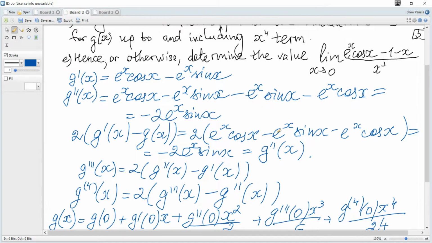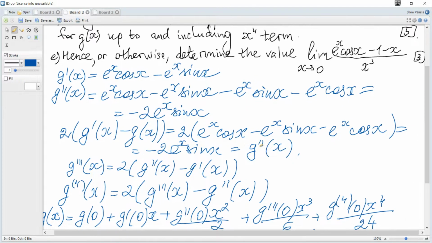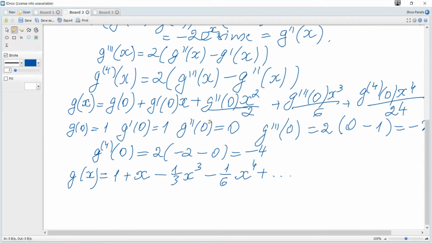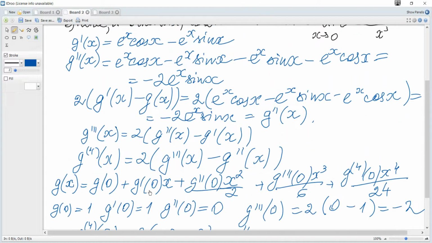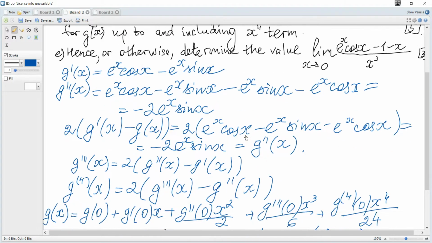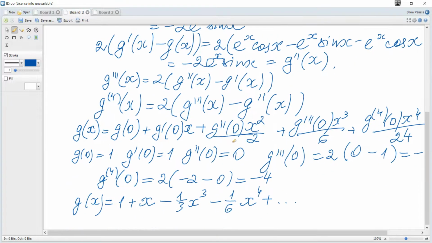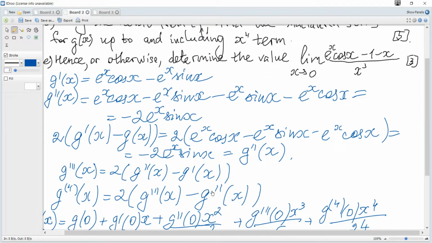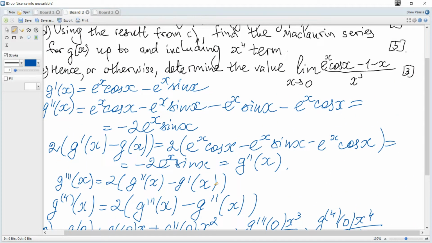or otherwise determine the value of a given limit. Hence implies we should use the obtained expansion, and otherwise implies we don't need to use this obtained expansion and can use any other method. And what method can be used?